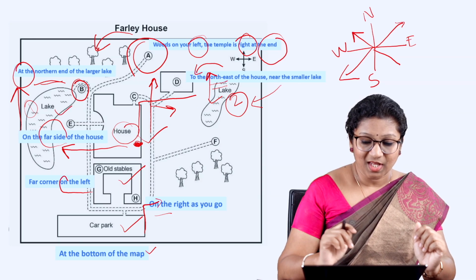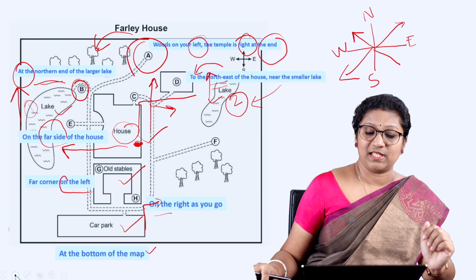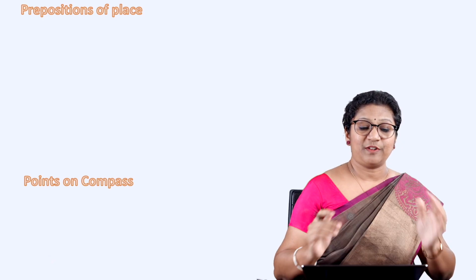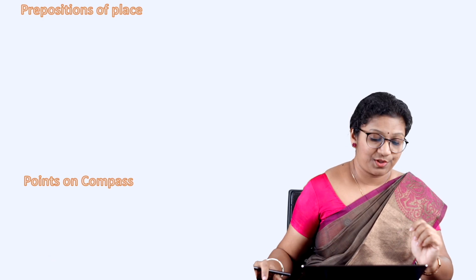Clear? So let me introduce you to certain list of words that you should be aware of and be prepared for in IELTS listening. So the first category of words that I'm going to introduce you to are prepositions of place.